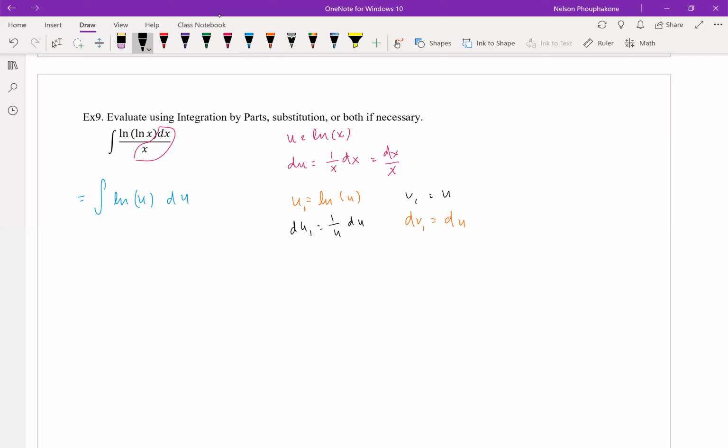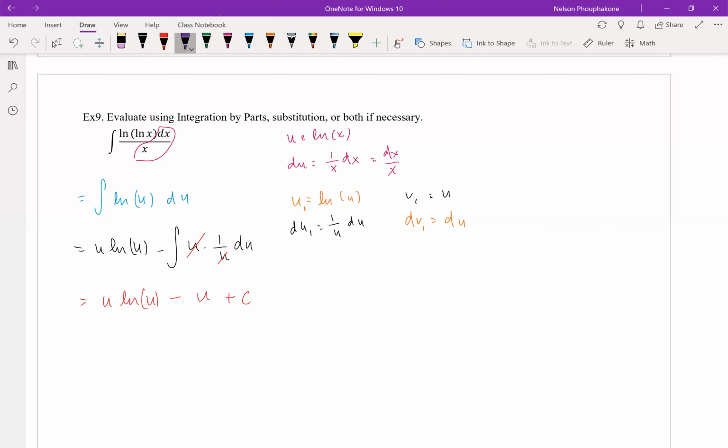Now what we are going to do is we will have uv, so I will have u times natural log of u minus integral of du. And now my answer will be u natural log of u minus u plus c.